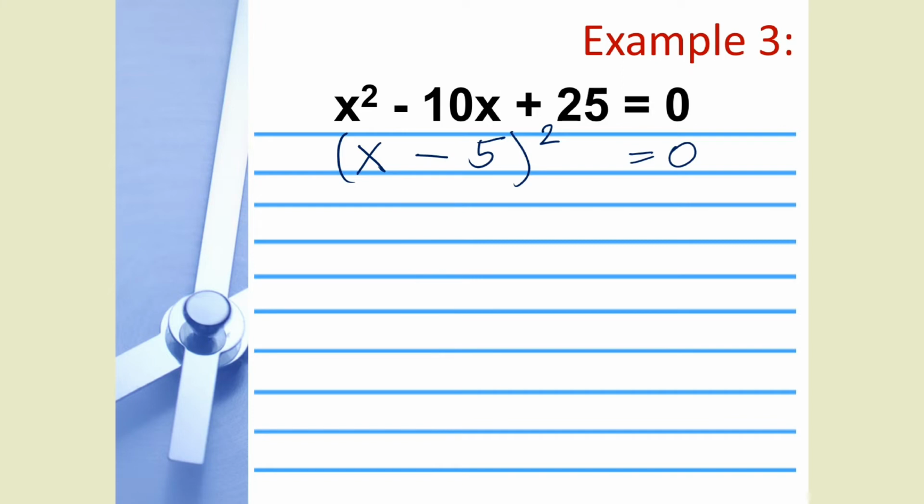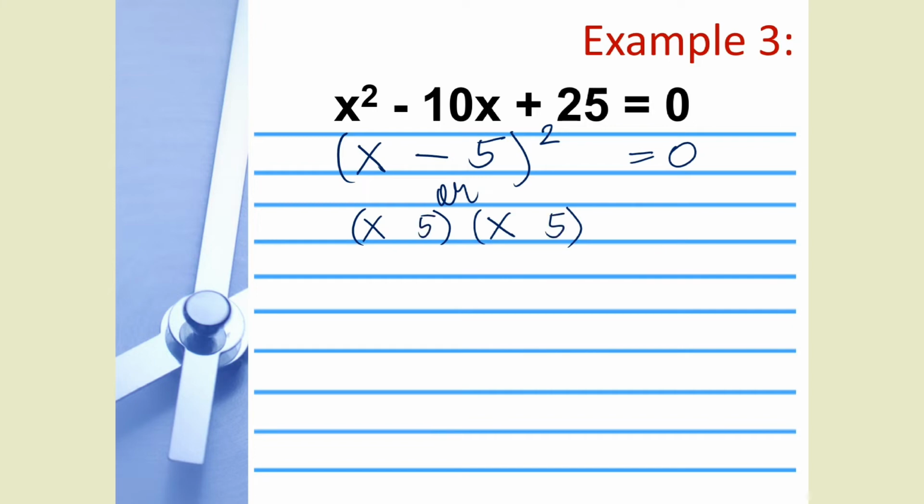Kapag hindi naman ganon, ibig sabihin, yung gagamitin ay katulad ng example number 1 na dalawang binomials. Pwede rin naman itong gawing dalawang binomials, lagyan natin ng dalawang parenthesis. Factors ng x squared ay x times x, factors ng 25 ay 5 times 5.